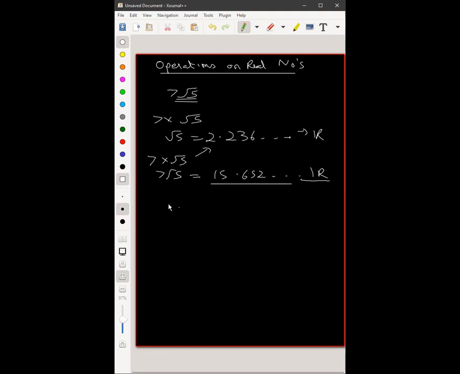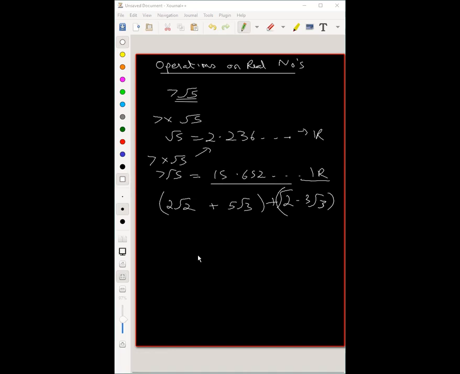For example, if we have 2√2 plus 5√3, and I want to add √2 minus 3√3, what do I do? Now, one easy way, Ananya, you know algebra, right?